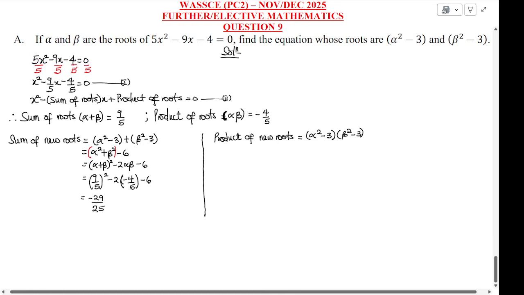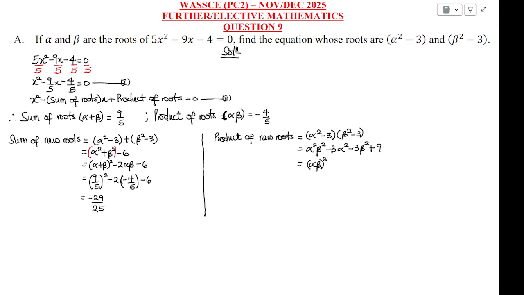All right, so let's see how this will turn out to be. If we expand this, we have alpha squared beta squared, then negative 3 alpha squared, negative 3 beta squared, and then positive 9 when we expand the two brackets. Using powers of numbers, alpha squared beta squared can be written as alpha beta all squared.